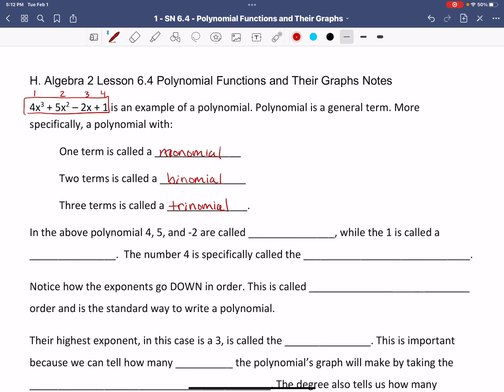In this equation, we had 4 numbers. 3 of them, 4, 5, and negative 2, are attached by multiplication to a variable, so those are called coefficients. The 1 is not attached to a variable, so we just call that a constant.